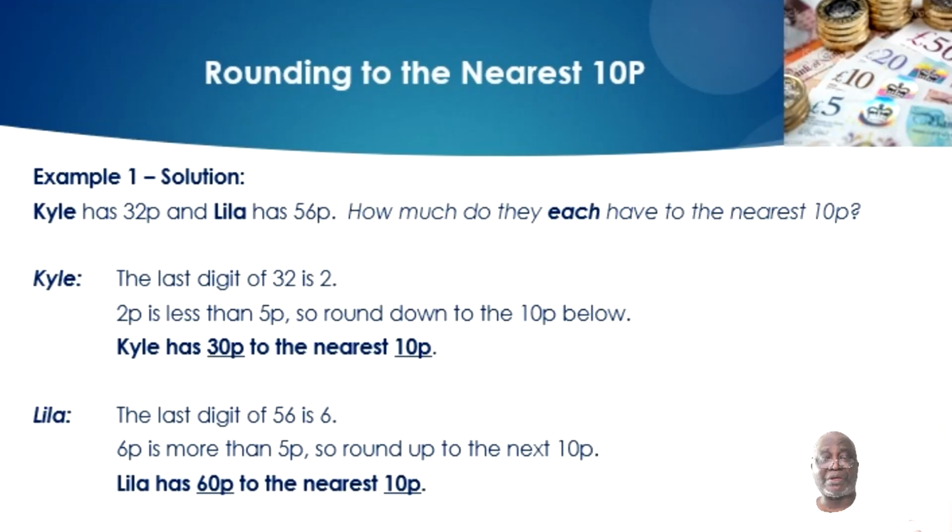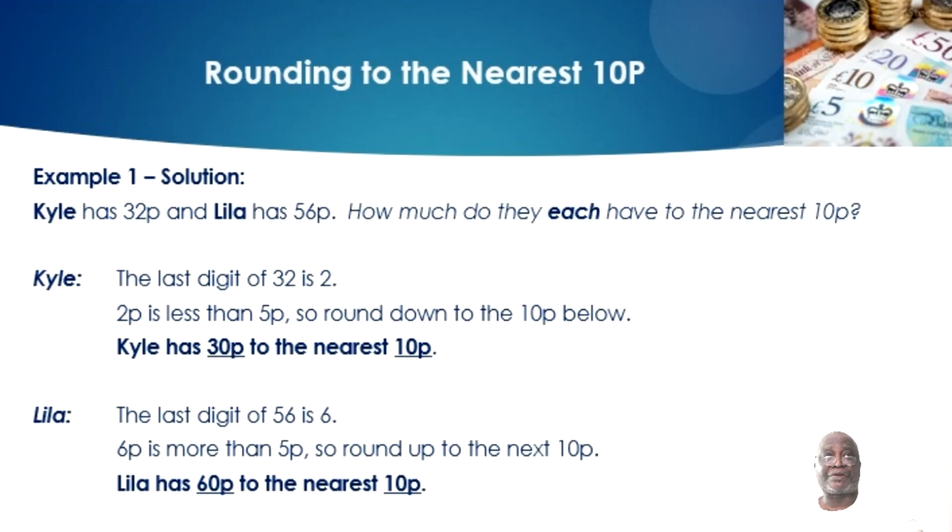Kyle has 30p to the nearest 10p. Leela, on the other hand, the last digit of 56 is 6. So what happens? She rounds up to the nearest 10p, and 56p will become, yes, 60p.